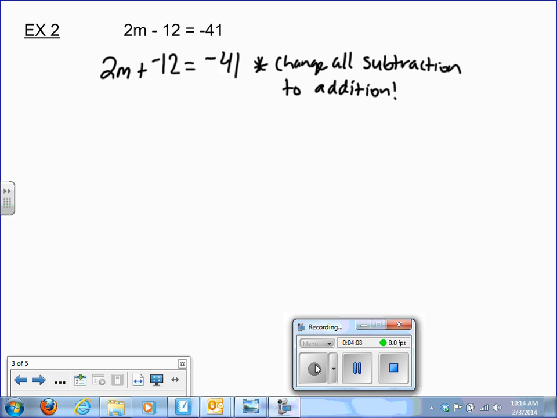So if we have 2m plus negative 12, what are we going to add to both sides? Clayton: Good. We're going to add 12 to both sides. Negative 41 plus 12. What am I left with now? Madison: 2m equals negative 41 plus 12.